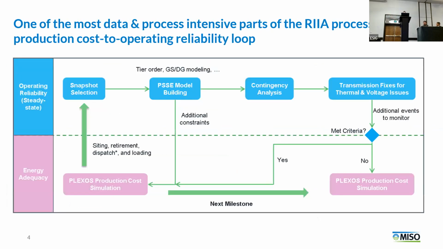One of the most data and process intensive parts of the REA process was this production cost to reliability loop, especially on the handoff side of things and processing, and it required a lot of automation in the back end. One of the takeaways from this presentation that I would like all of you to take home is that visualization is very important.